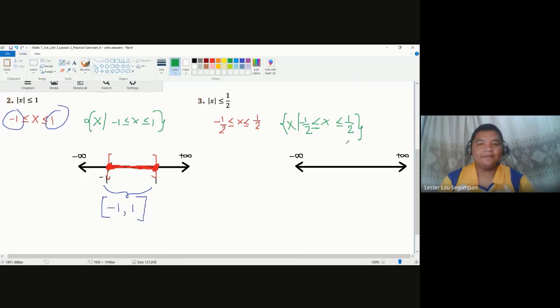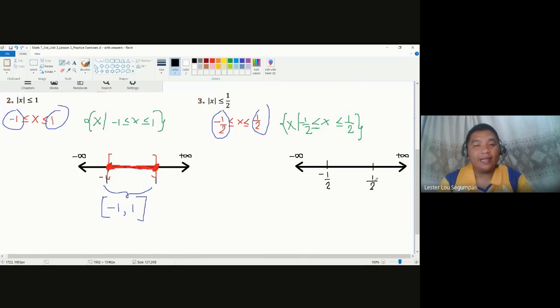Enclose, that's it. For our graph, again, endpoints are these values here, positive and negative 1/2. Plot them on the real number line. Make sure that when you plot the real number line, the values on the left are smaller than the values on the right.